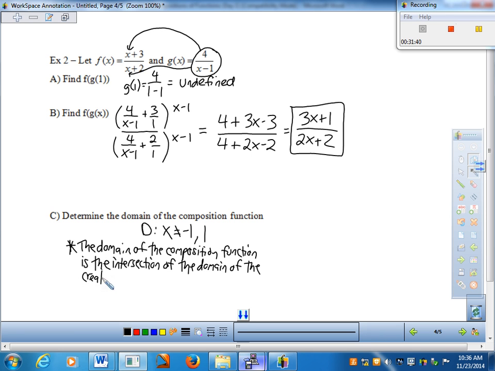So we use the first two functions to create the third. And the domain of, and I'm going to put quotes around this, what I would call the inside function. In this case, of course, the inside function is g of x.